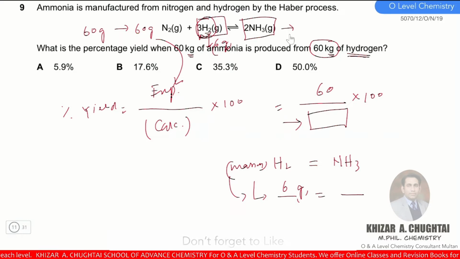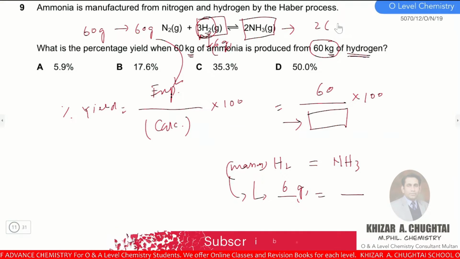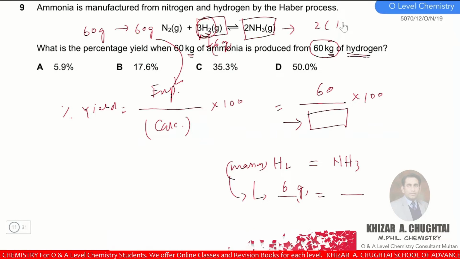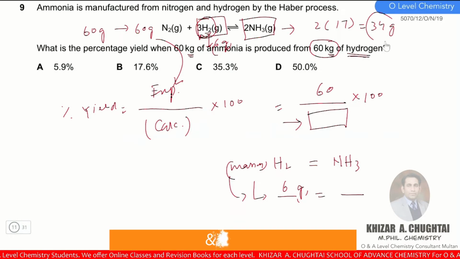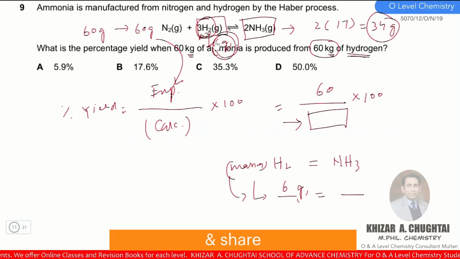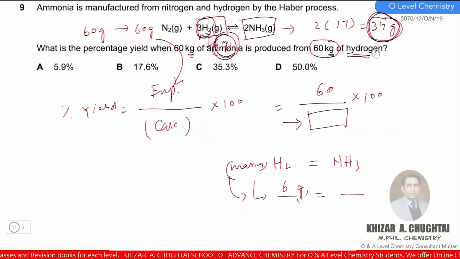As a result, how much ammonia is going to form? 2 mole of NH3, 2 into NH3, the mass of NH3 is 17, so 34 gram should be formed. According to this chemical equation, when you are using 6 gram of hydrogen, 34 gram of ammonia should be formed.